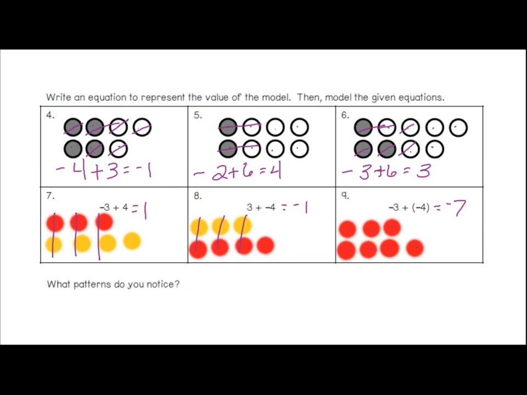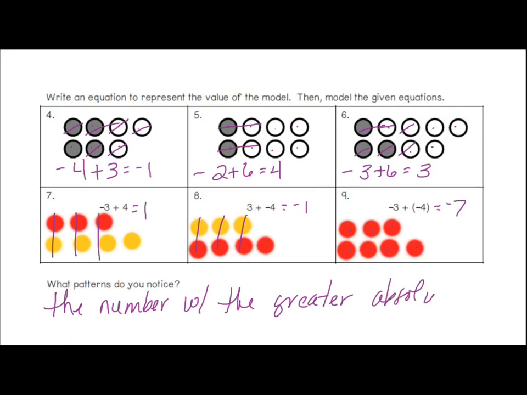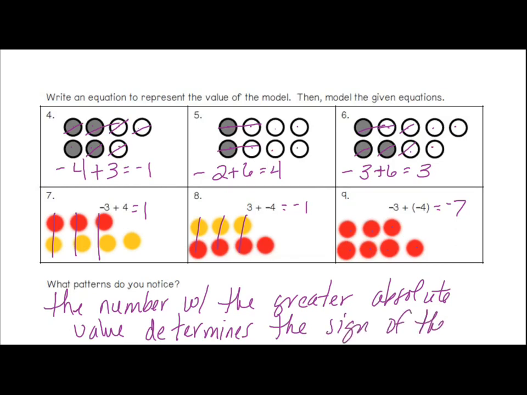So what you should have noticed is that the number with the greater absolute value determines the sign of the answer. Okay, so the number with the greater absolute value tells us if our answer is positive or negative.